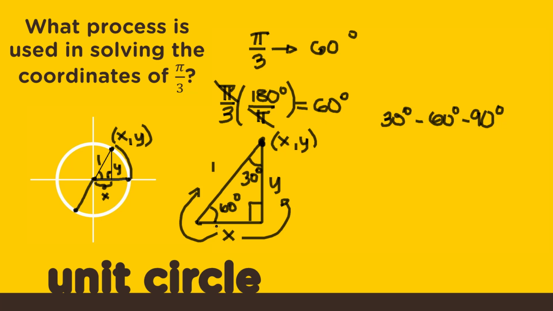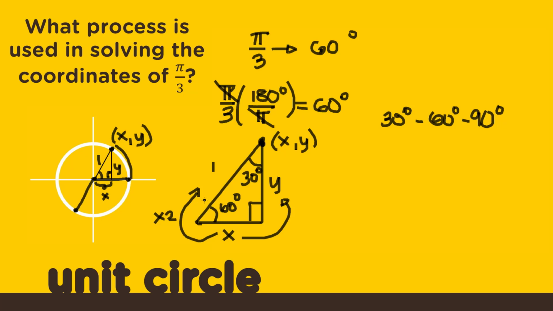Let's start with the relationship of the shorter leg represented by x to the hypotenuse, which is 1. For a 30, 60, 90 degree right triangle, to solve for our hypotenuse from our shorter leg, we simply multiply it by 2. So if this is 10, that would be 20. That's the relationship of the shorter leg and the hypotenuse of a 30, 60, 90 right triangle.